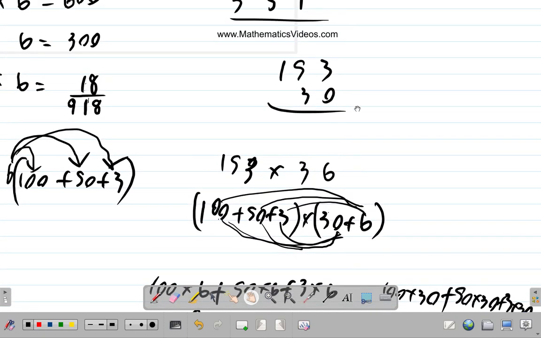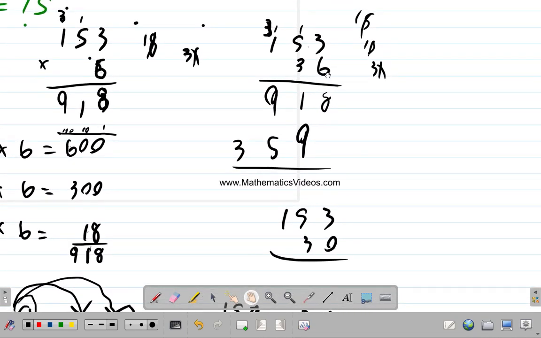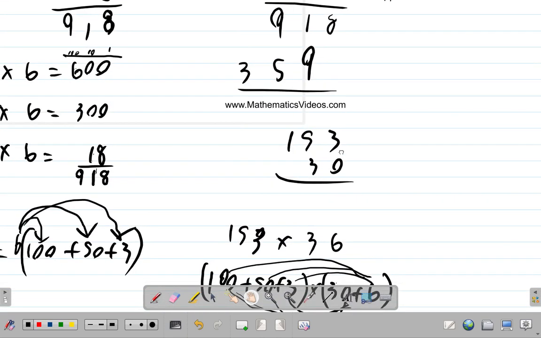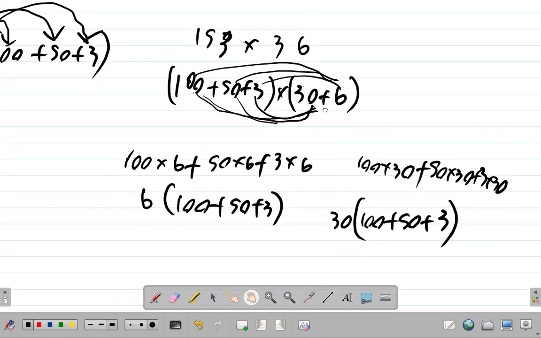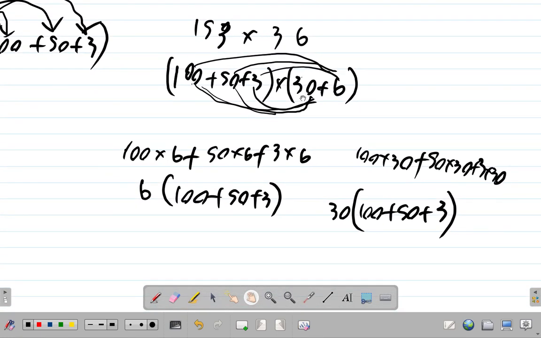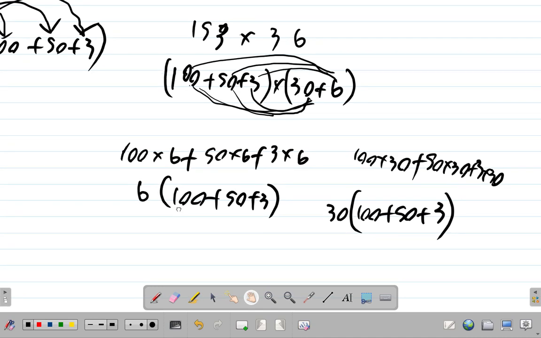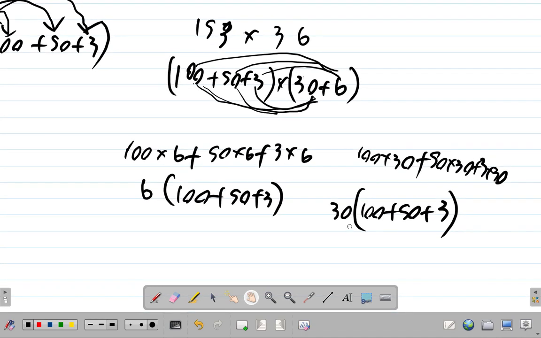So when you say 6 times 3, 6 times 5, you pretend like the 3 is not there, and multiply the 153 by 6 alone. You're not ready to do the 30 yet. And then later you do the 30.